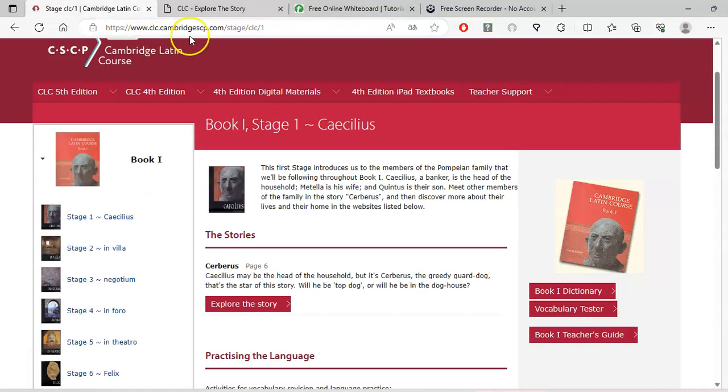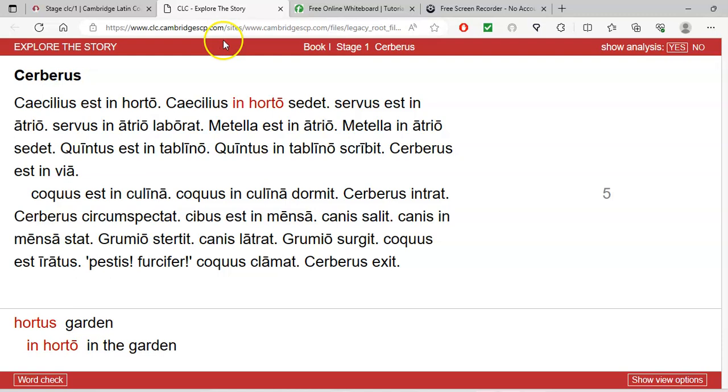So now when we go to the story, it doesn't say. So in future lessons, we'll get information saying that this is a nominative noun. And ordo, it should tell us that this is an ablative noun.